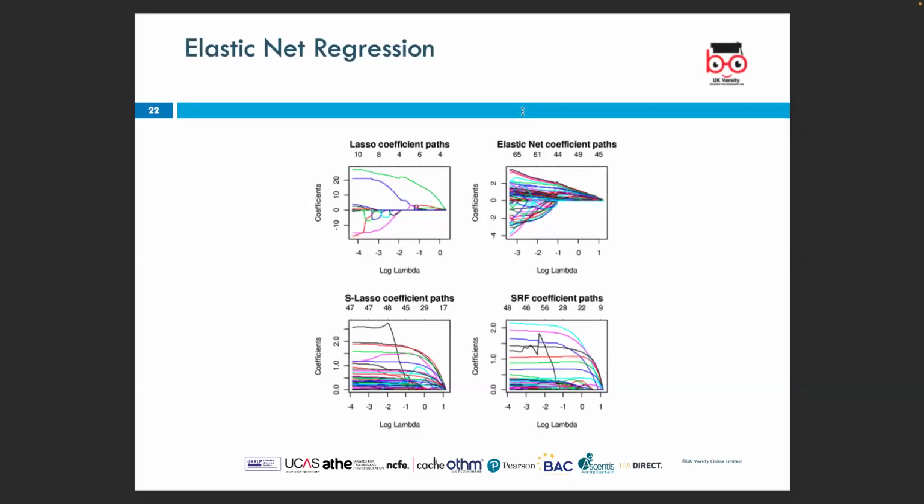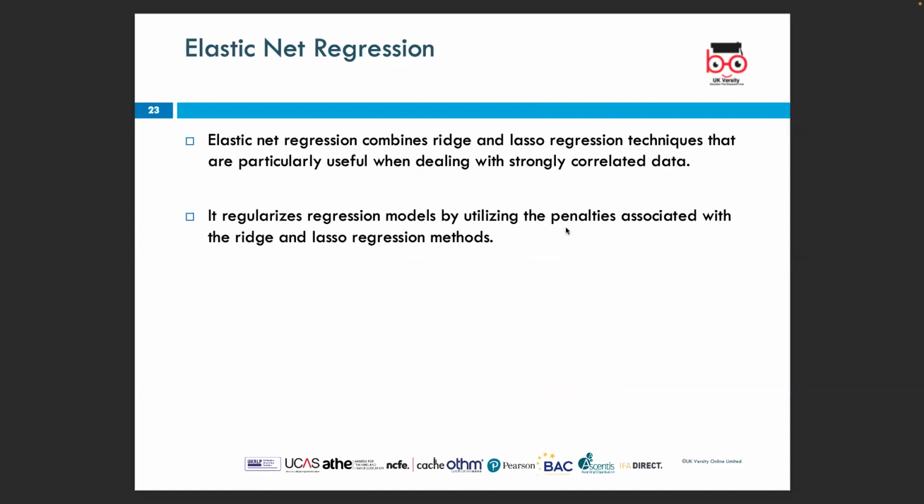And then we have elastic net regression. So we have the lasso coefficient part, elastic net coefficient part, and then the ridge coefficient part. So this is literally the difference between all these regression examples using that chart there. And it's just an explanation of what elastic net regression is. This combines ridge and lasso regression techniques.